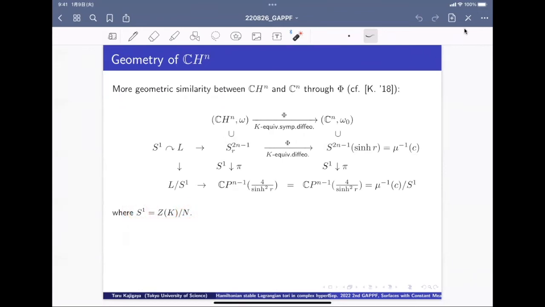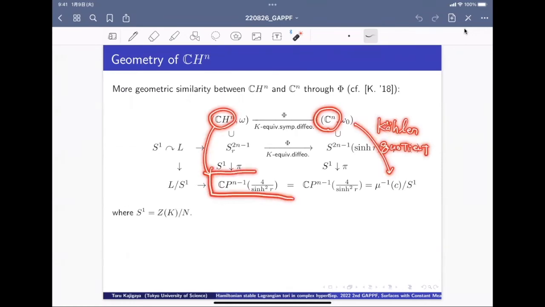In particular, we obtain the Kähler quotient space of the S1 action for CN and CHN. It is an interesting fact that the Kähler quotient spaces coincide with each other as a Kähler manifold.